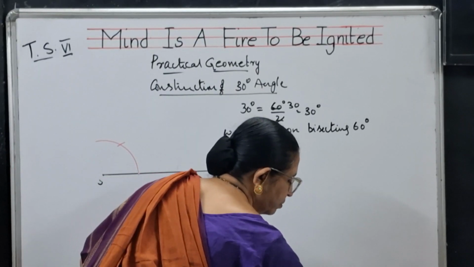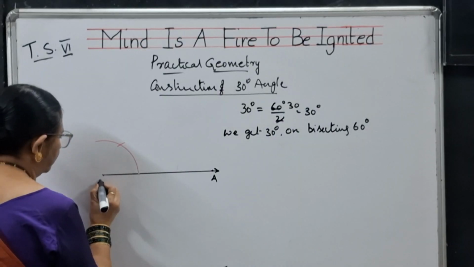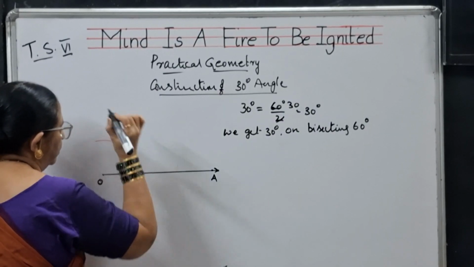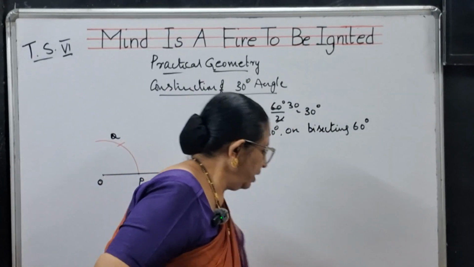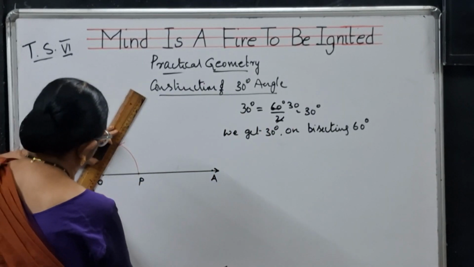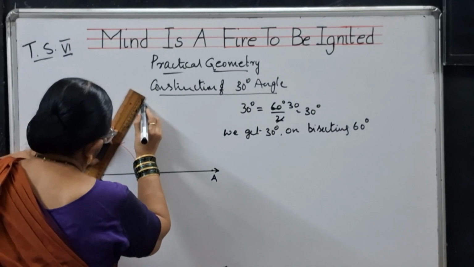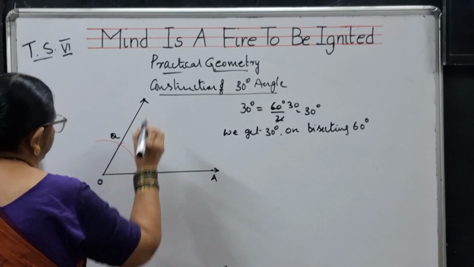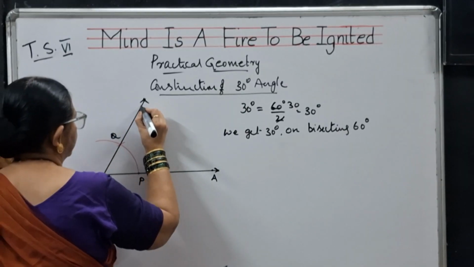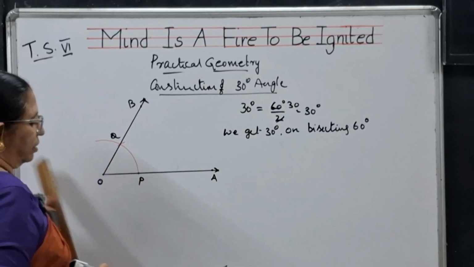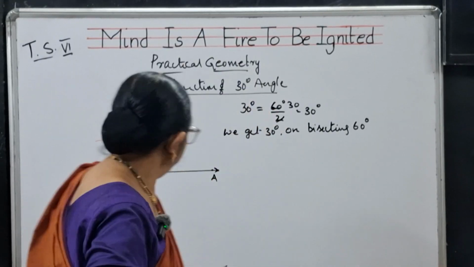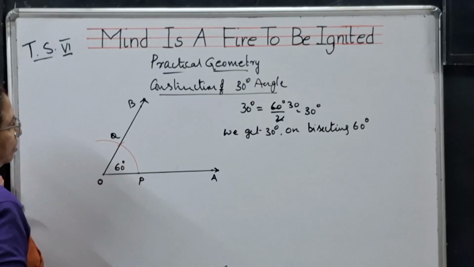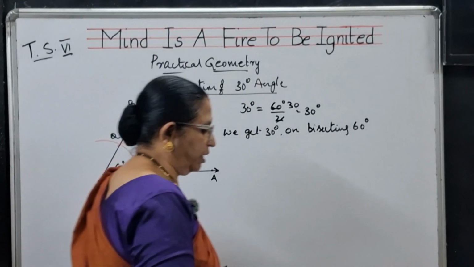So this is O, this point is P, and this point consider it as Q and join PQ. If you draw this ray, let me consider this as B. Angle BOA will be 60 degrees. This is how 60 degrees will be done.